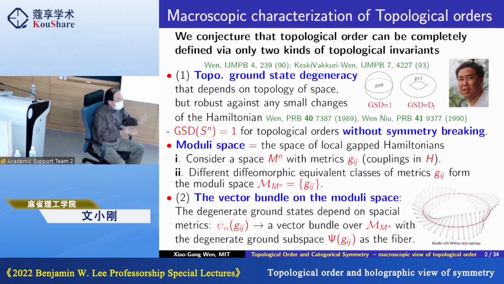When you have a gapped system, you naturally have this vector bundle. You can always define this vector bundle by changing the Hamiltonian, taking the low energy subspace. The important thing is why some property of the vector bundle is universal and characterizes the intrinsic phase of matter. That is not clear. But we have the same question: why is degenerate ground state a universal property characterizing a phase of matter?